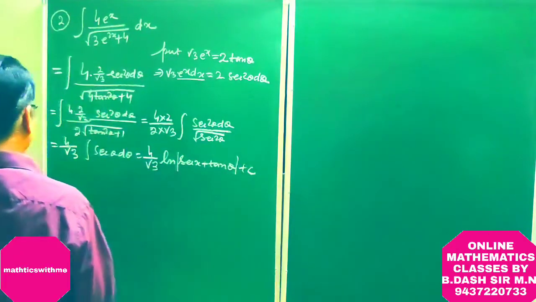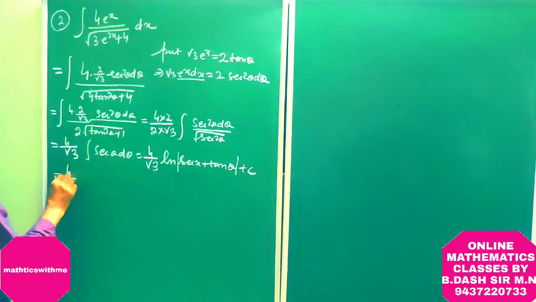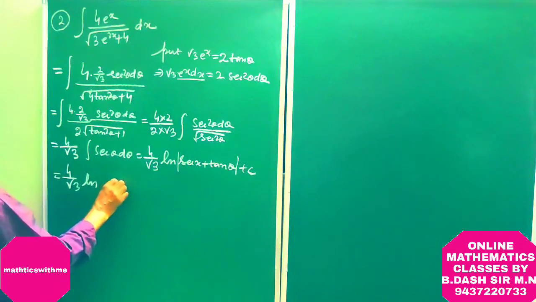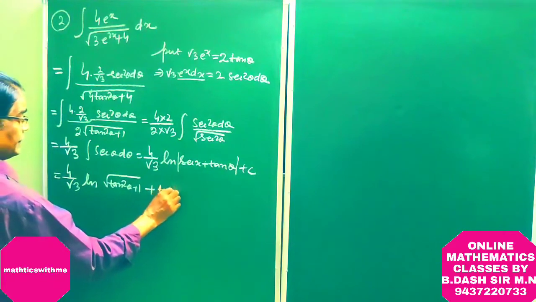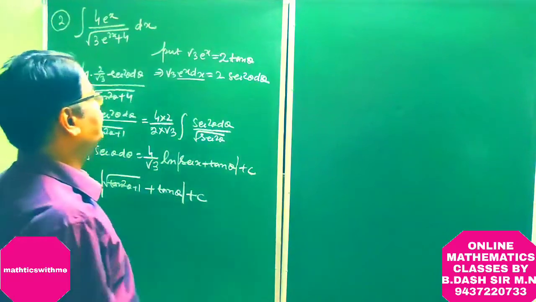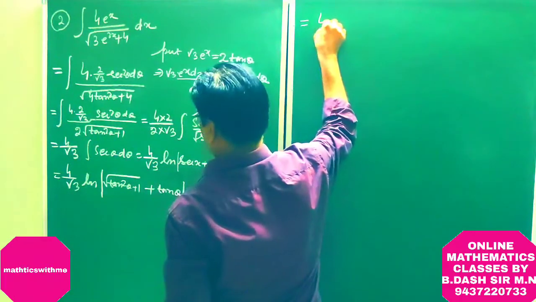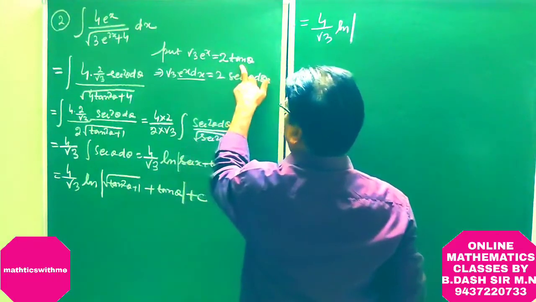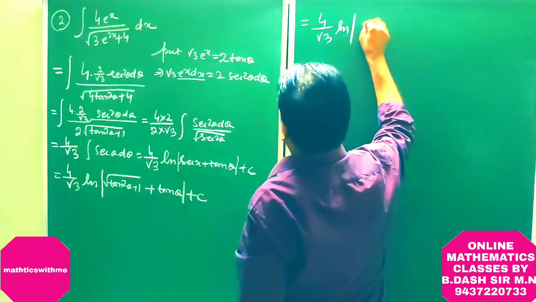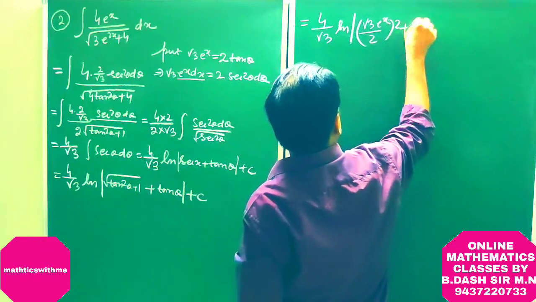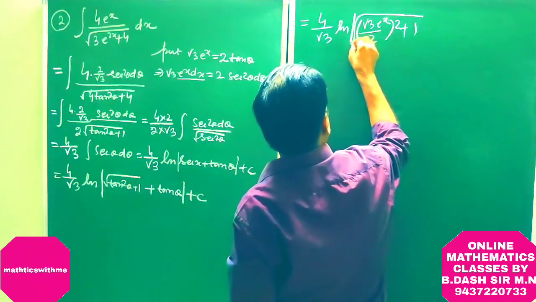This is equal to 4 by root 3 ln of the mod of root over tan square theta plus 1, plus tan theta, plus c. So which is equal to 4 by root 3 ln, here tan theta is root 3 e to the power x by 2, whole square plus 1, whole root over.